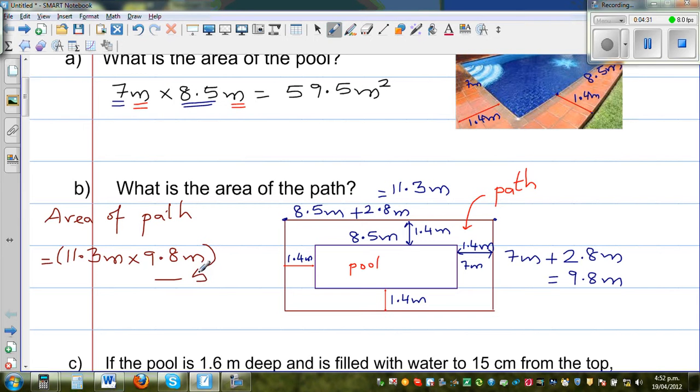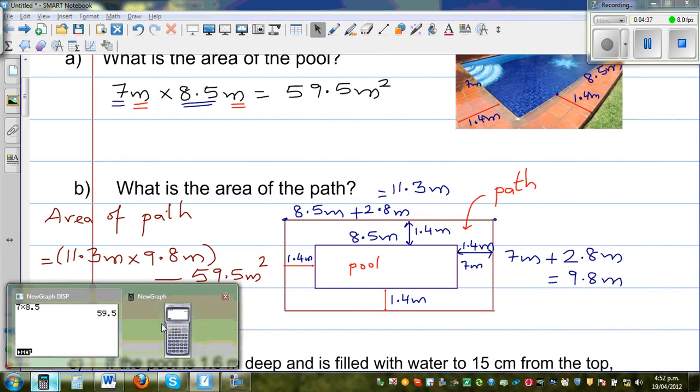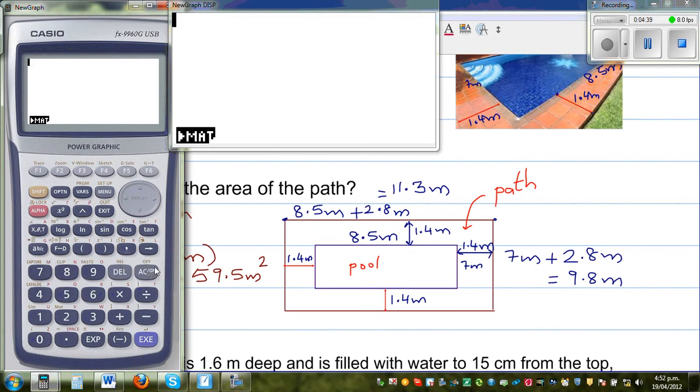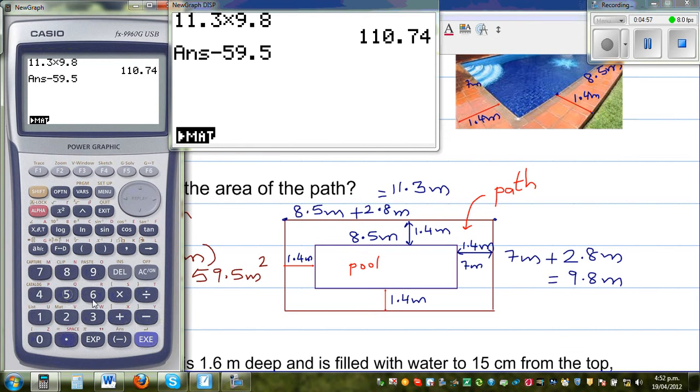So the minus 59.5 meters squared. So let me get my calculator out. So this is 11.3 times 9.8, which is 110.74, take away 59.5.